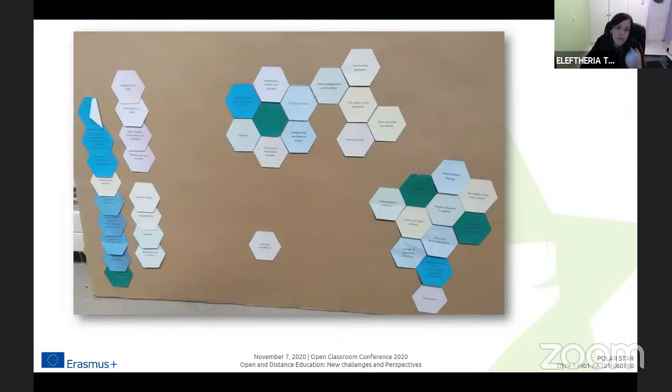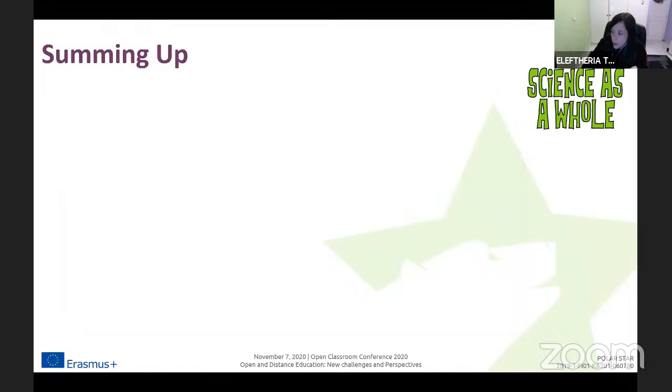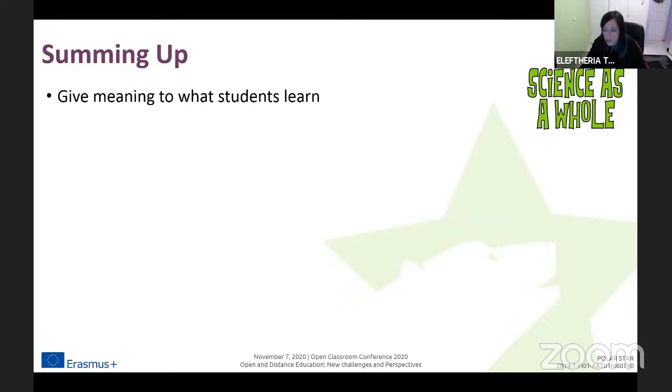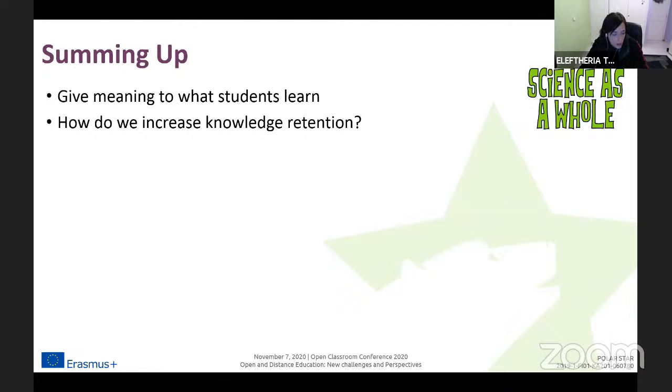So these are basically the two tools that I taught you about: the knowledge hive and the knowledge map. Summing up, what we set off doing with this science as a whole methodology is we want to give meaning to what students learn, which basically translates to trying to increase their knowledge retention.